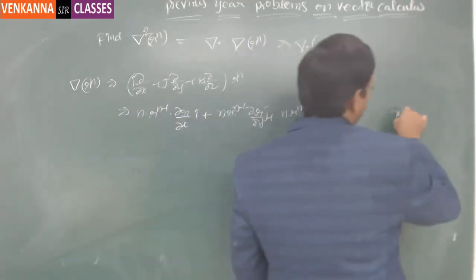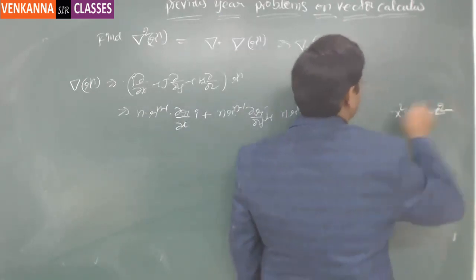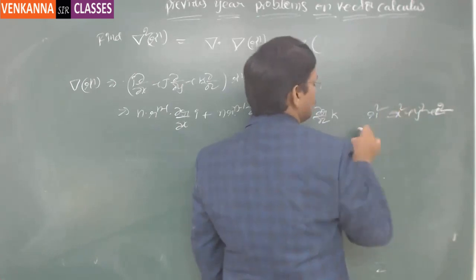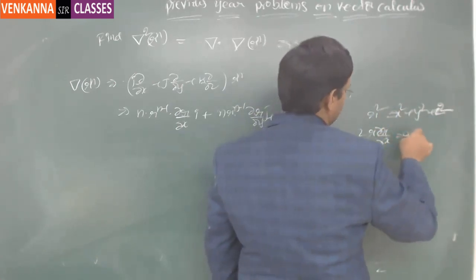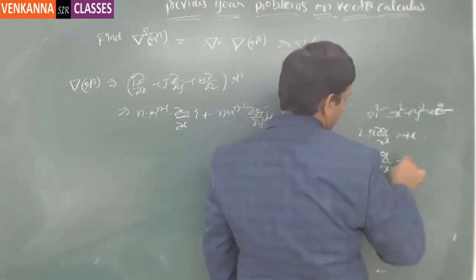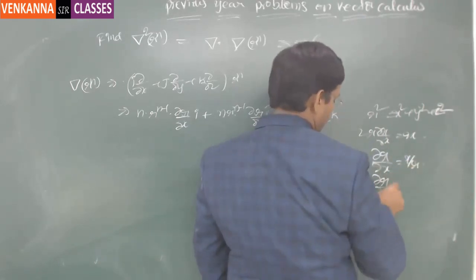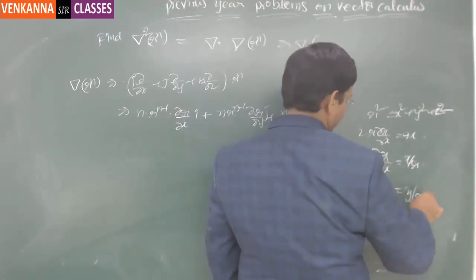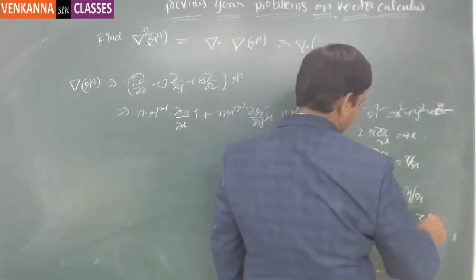But the standard relation of r is x square plus y square plus z square is equal to r square. So 2r dou r by dou x is equal to 2x, or dou r by dou x is equal to x by r. Similarly, dou r by dou y is equal to y by r, and similarly dou r by dou z is equal to z by r.